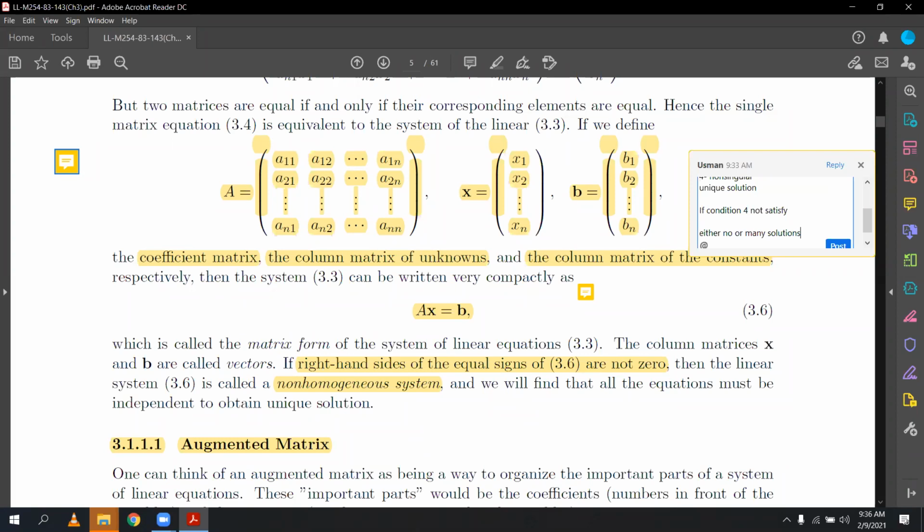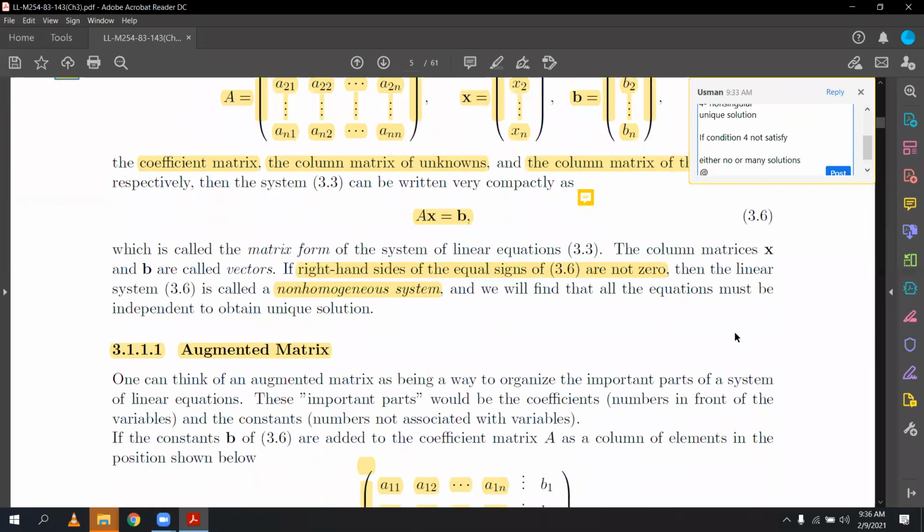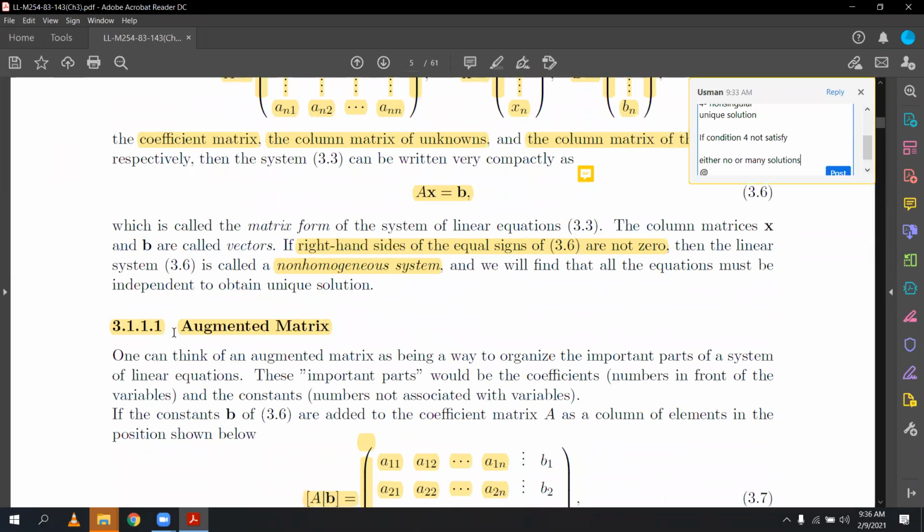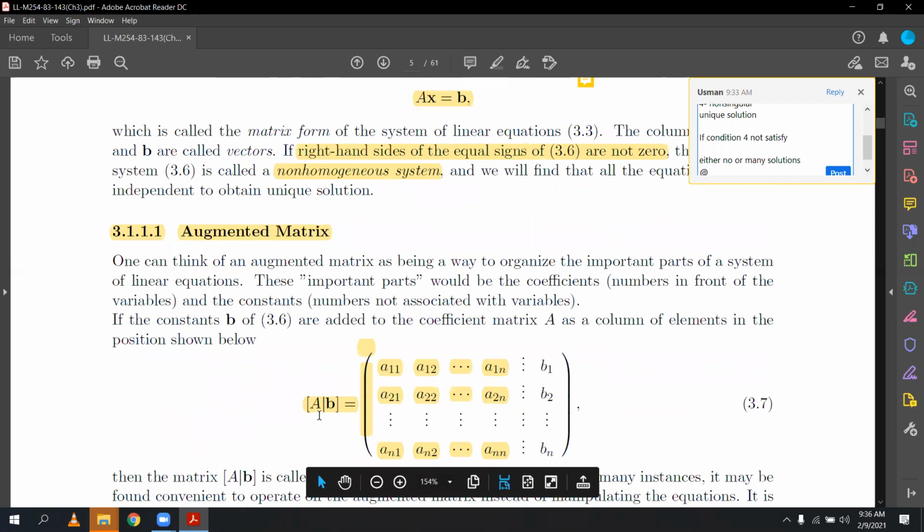Is that okay? Let me give you a special matrix for that case, which we call the augmented matrix. What is the augmented matrix? The combination of A and B, because when you solve the system, you always need A and B, because your X depends on A and B. So if we put A and B together, we call it the augmented matrix.